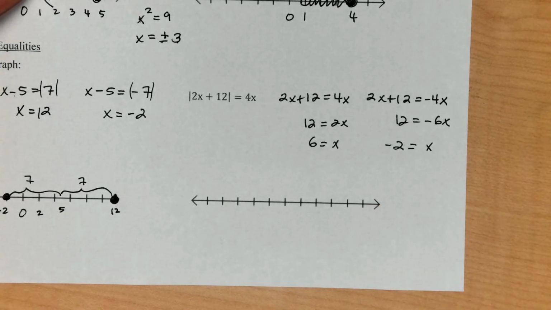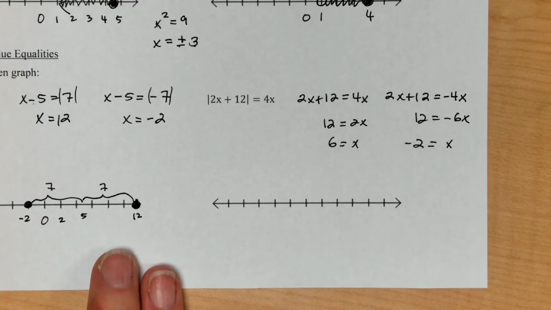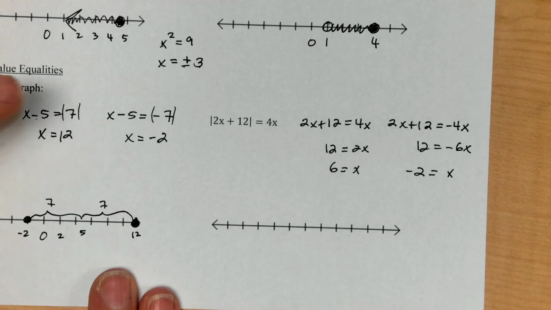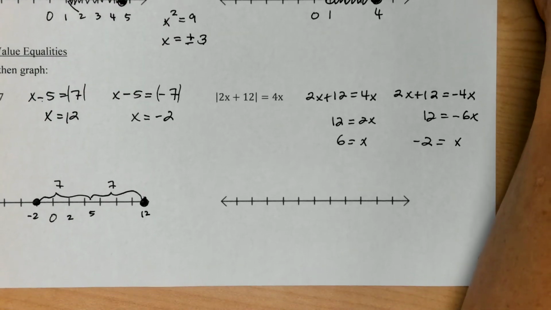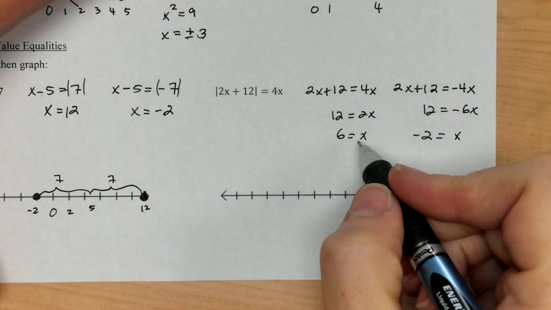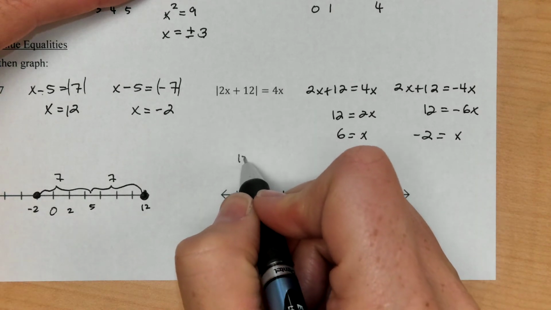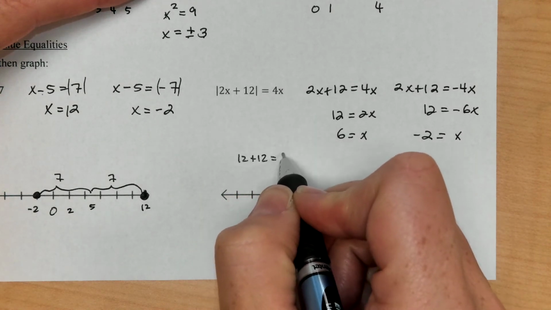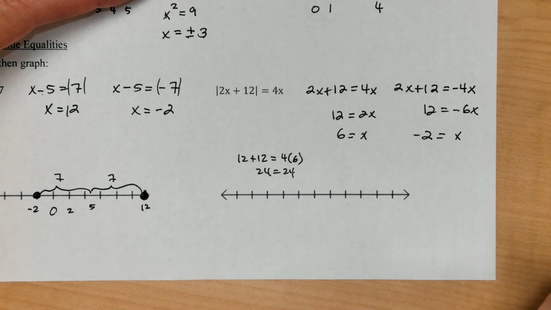What you want to do is check and see if you have any extraneous solutions when you're doing absolute value. Depending on the problem, one of those might be an extra answer that doesn't actually work. So we need to check and make sure that the two answers we got actually work. I'm going to try the 6 first. 2 times 6 is 12, plus 12 equals 4 times 6, and that works out: 24 is 24, so that's all right.